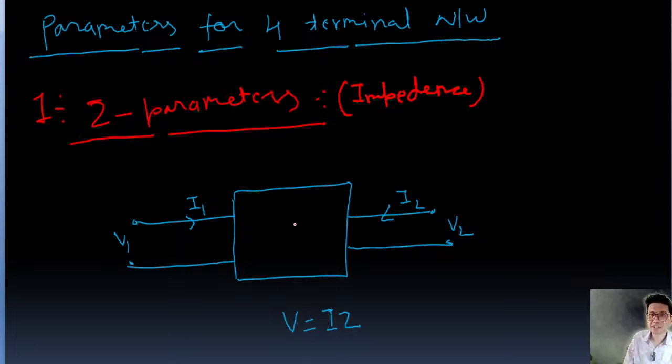For understanding this, you need to understand two things, which is very important. This is V1, V2, this is I and this is I. You need to understand IRFO.